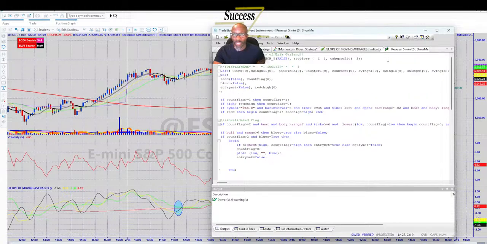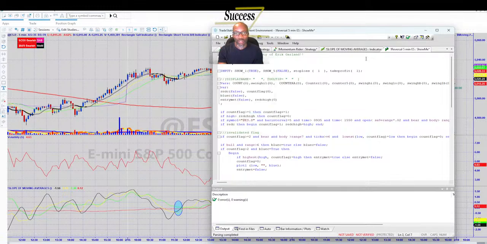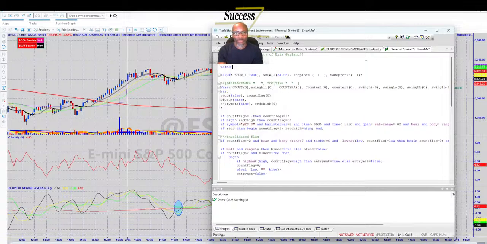Okay, so one thing that we need to do, we're on the reversal. We'll go to using EL system dot drawing. I think we have to do this.